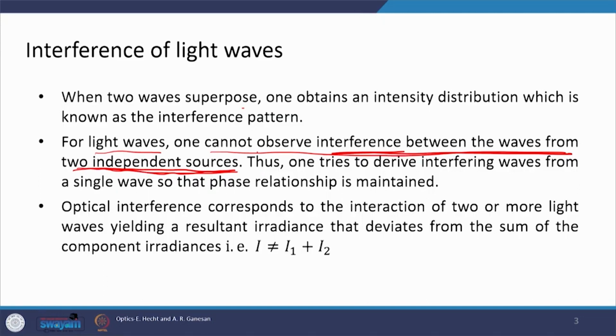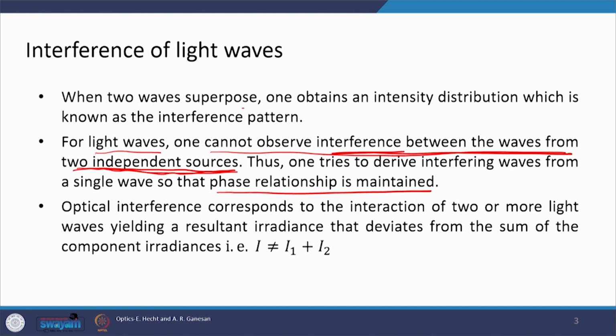Now, having said that, to observe beautiful sustained interference fringes, we require a phase relationship between the two interfering waves. And what is this phase relationship? This phase relationship says that the phase difference between the two interfering waves must be constant.